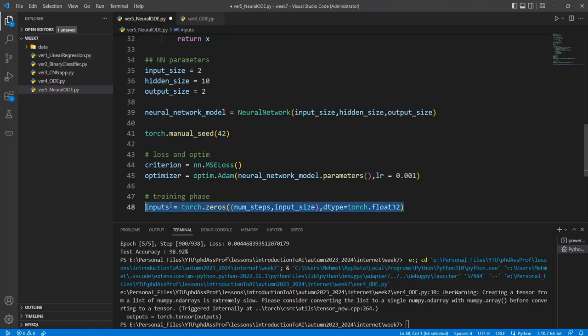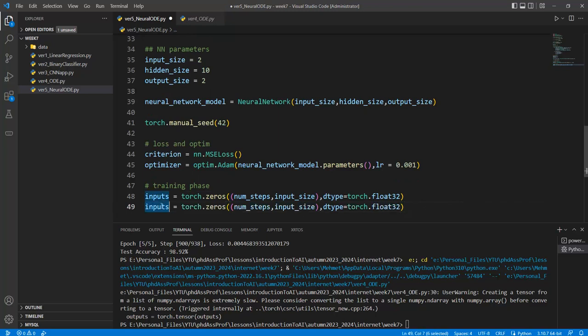This is also a tensor because torch zeros produces torch tensors. And also we shall give the outputs, targets, but with the basic difference: the output size should be assigned.